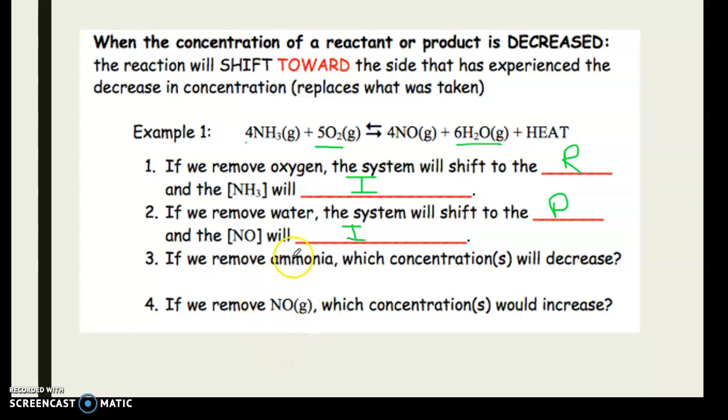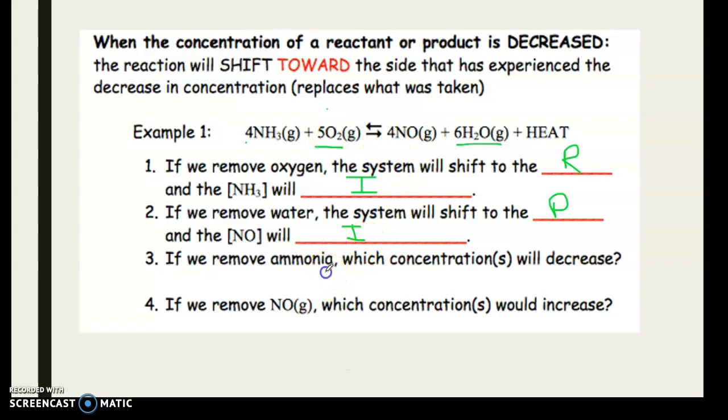If we remove ammonia, which is NH3, then which concentration will decrease? Well, we're going to shift back towards the reactant side, meaning the concentration of O2 would increase, and anything that didn't get the shift would decrease.